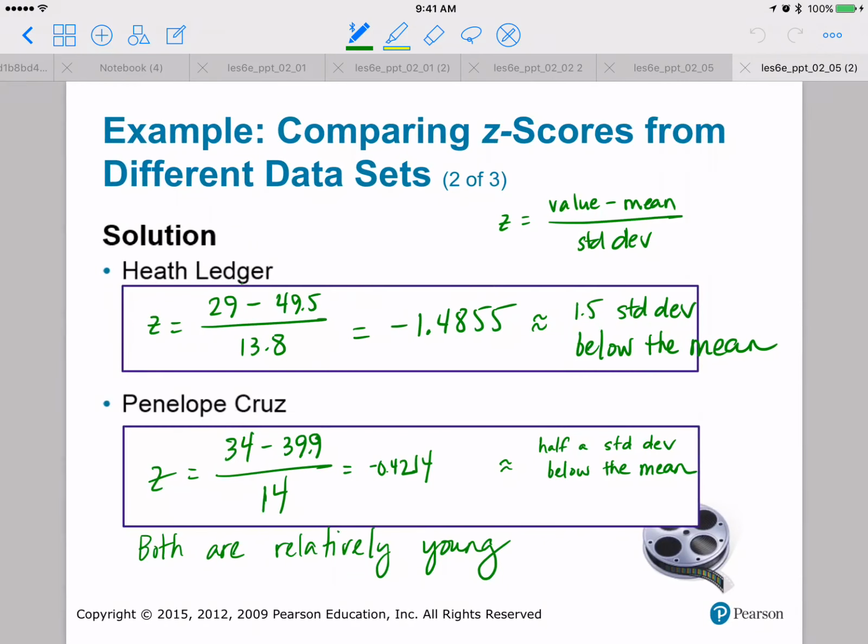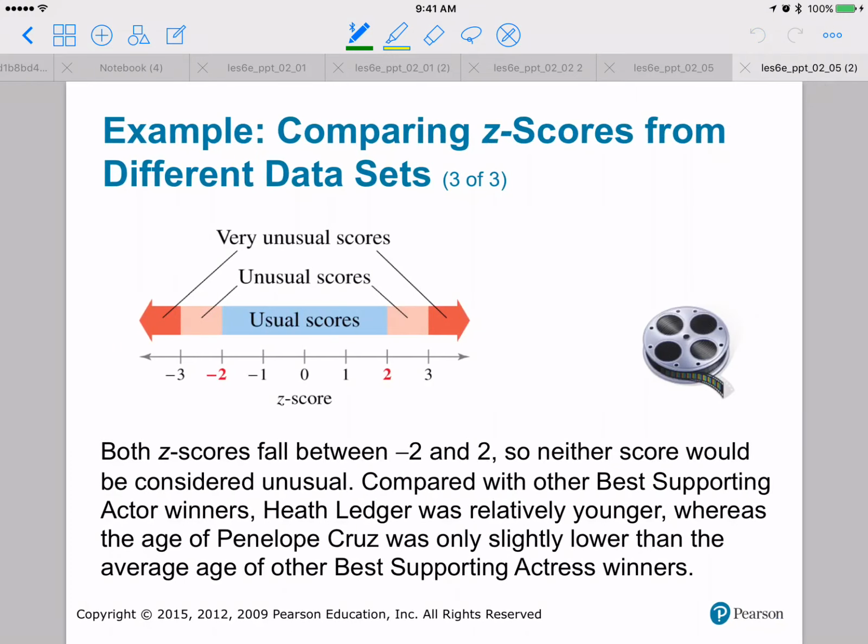And then overall, as we remember from our empirical rule, remember our empirical rule? Well, actually, we're not using the empirical rule here. Well, kind of. The empirical rule gives us an idea of which scores are usual, which scores are unusual, and which scores are very unusual.